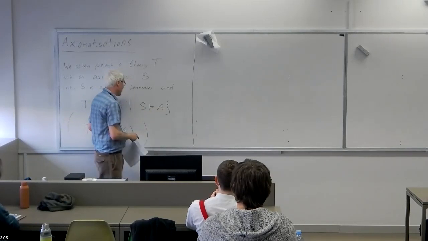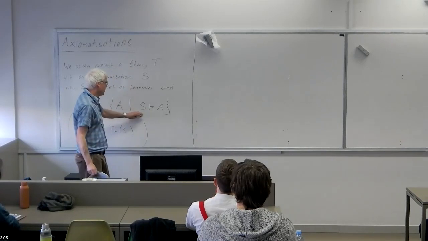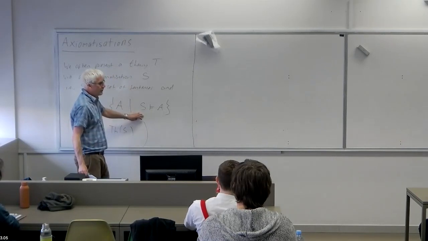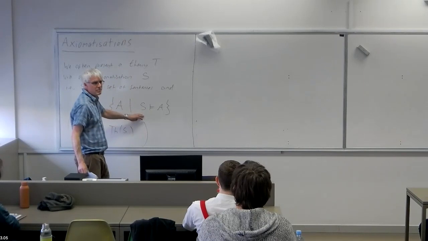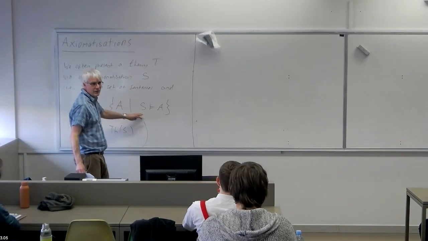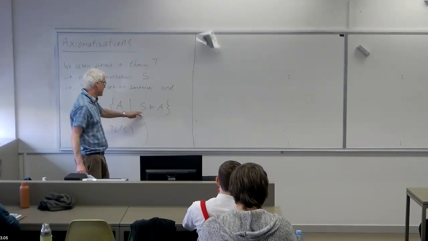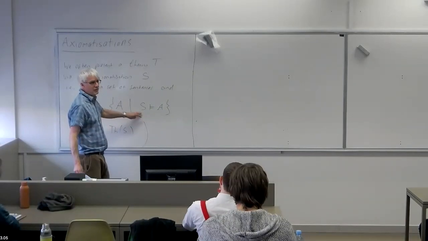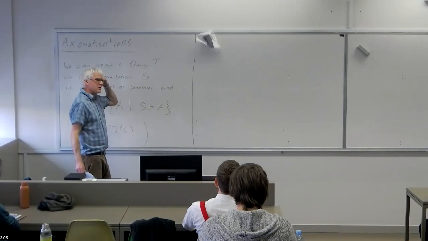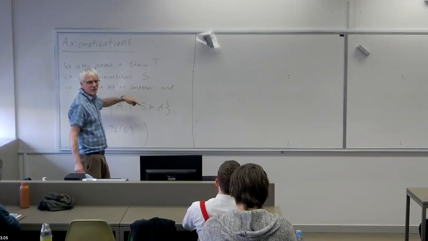It will turn out that, for example, in the case of the theories for the natural numbers, we're going to consider Peano arithmetic, a very standard axiomatization of the natural numbers. That does not have a finite axiomatization. You might say, but that's strange, I remember seeing finitely many axioms for Peano arithmetic.